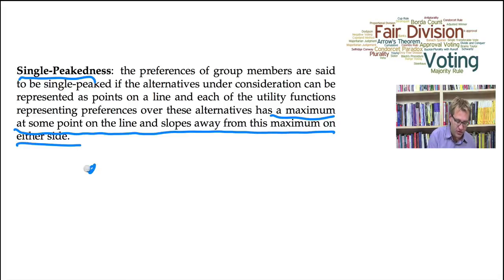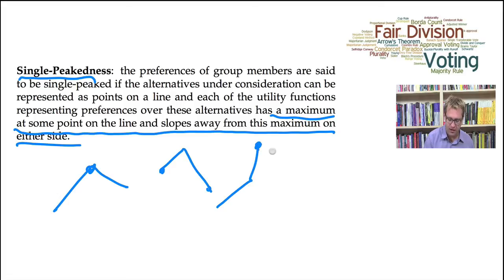So the shape of the preferences are going to look like this, or a line that has a maximum value at one side. So for everybody's preferences, you can find some way of assigning the candidates to the x-axis so that everybody's preferences look like one of these two shapes.